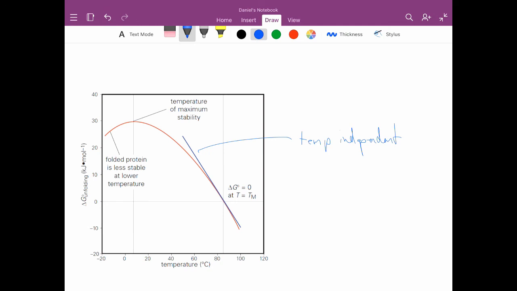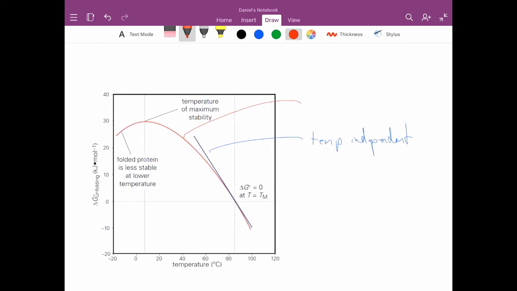But instead, you get this red line. And that has some interesting implications, because you can see that as parabolic. If you extend this red line backwards, you can see that it actually crosses once again here, and this is the delta G equals 0.